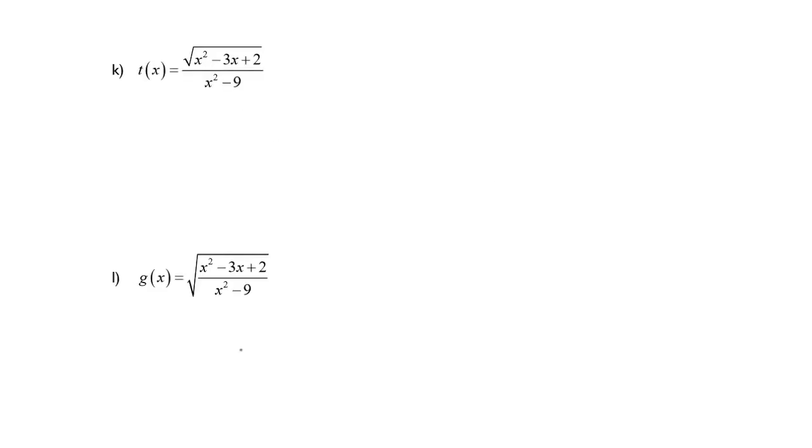For k, we have the square root of x squared minus 3x plus 2 all over x squared minus 9. Let's go ahead and factor the numerator and the denominator. So we will have t of x is equal to the square root of x minus 2 times x minus 1 in the numerator.